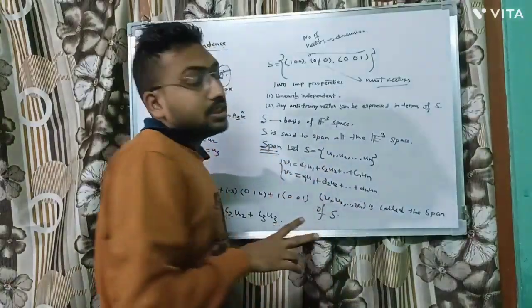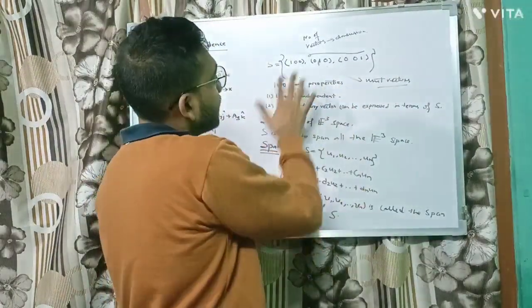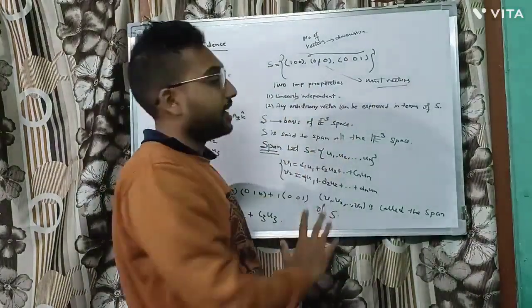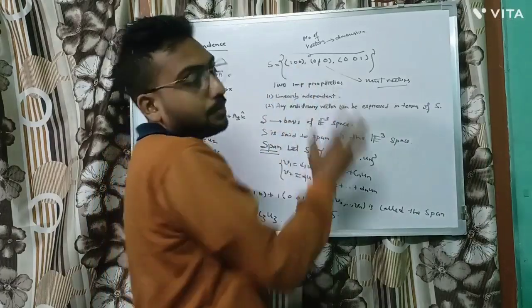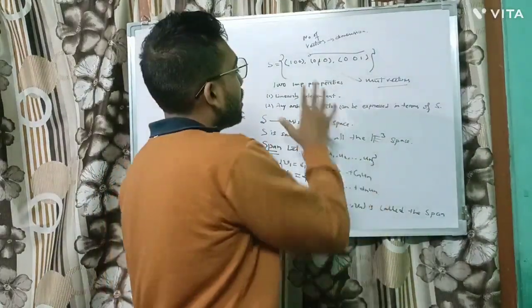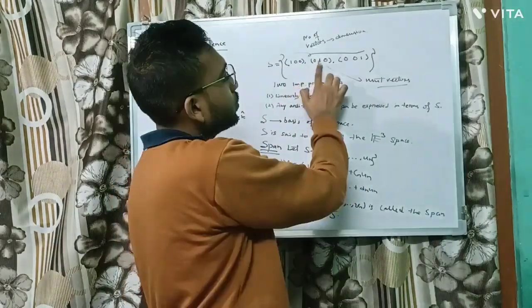There are two important properties of the set S. The first property is that the vectors inside the set S are linearly independent, and the second one is that any arbitrary vector can be expressed as a linear combination of the vectors of S, that is, as a linear combination of u1, u2 and u3.